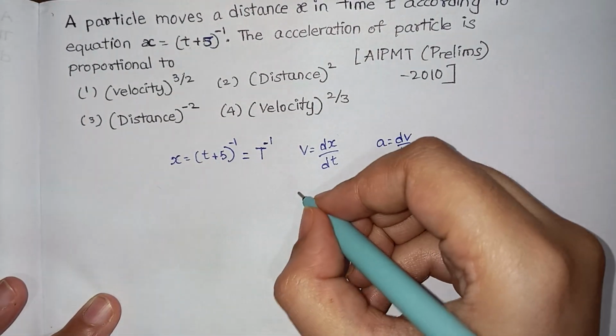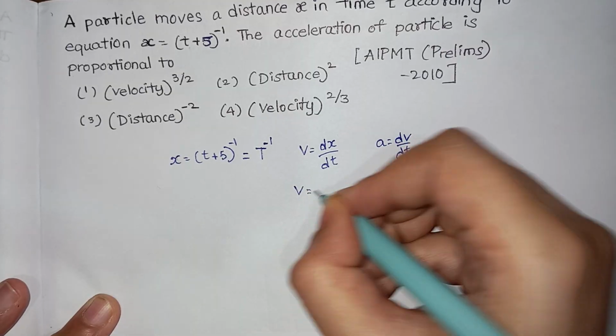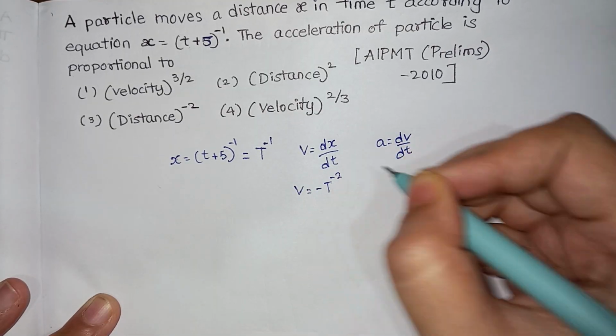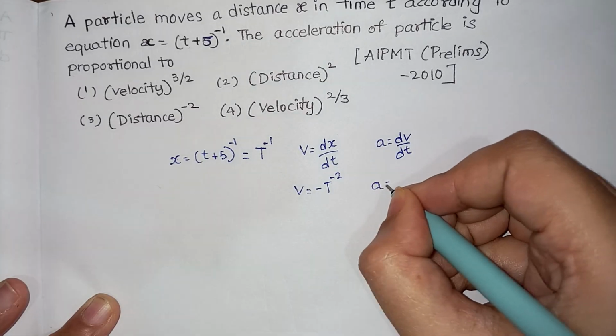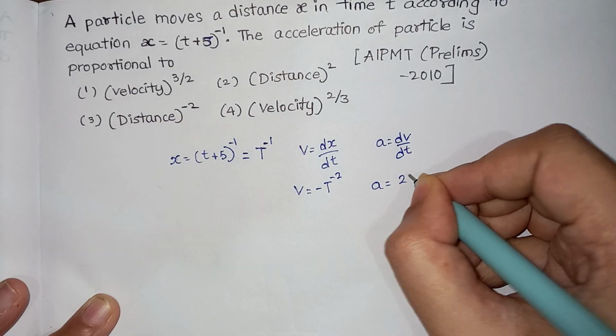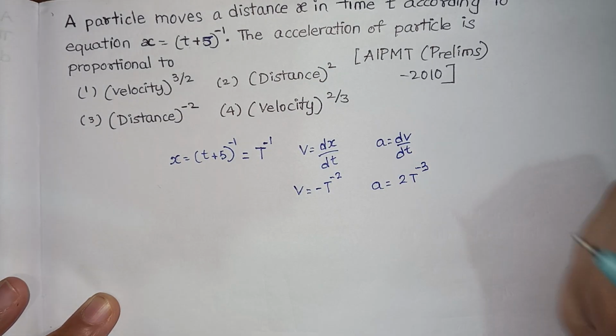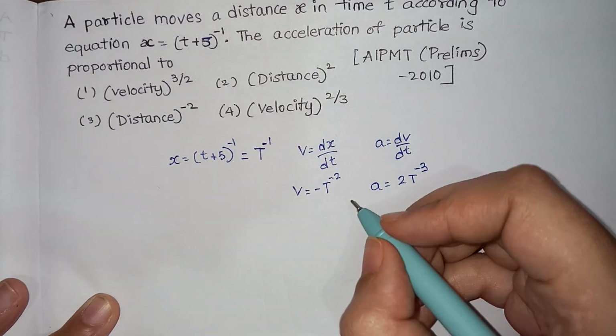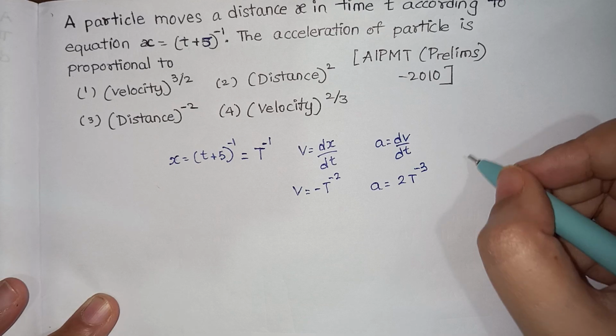Let's solve this. For v we have minus T power minus 2, and for a we have 2T power minus 3.